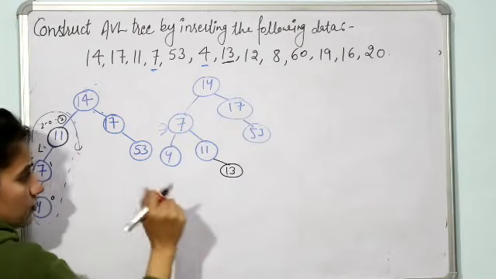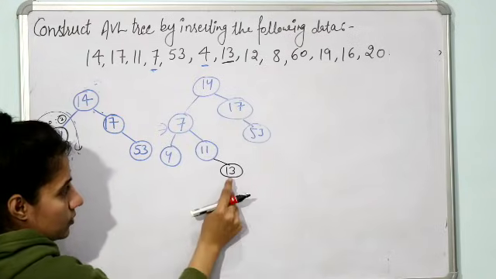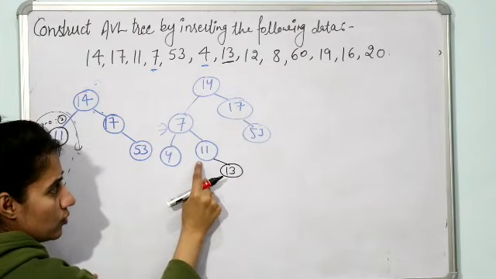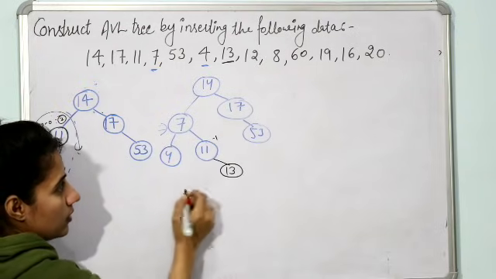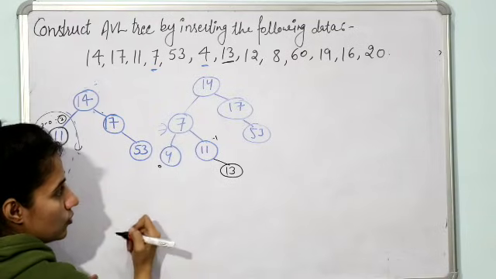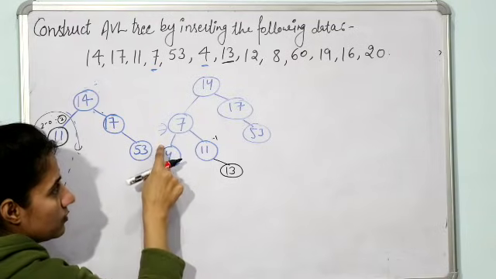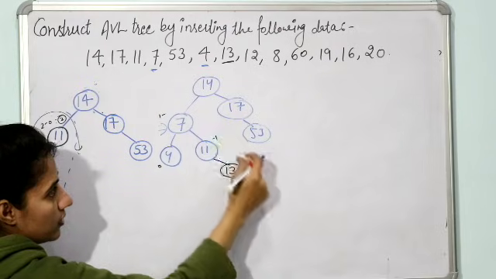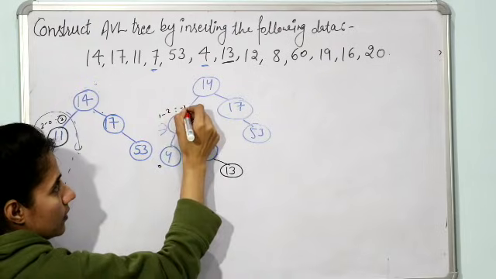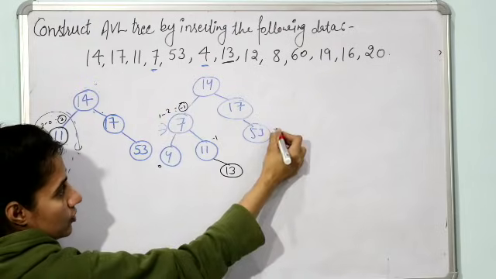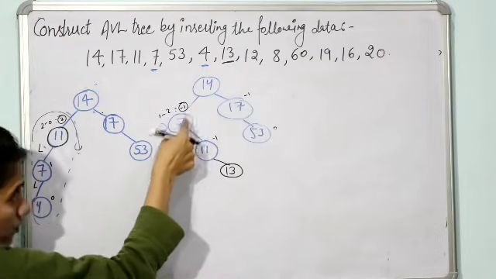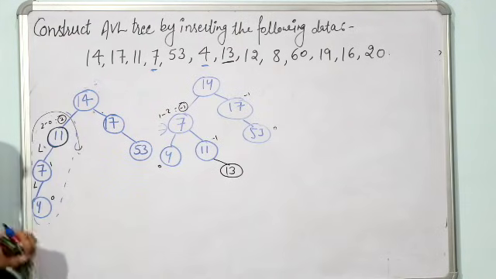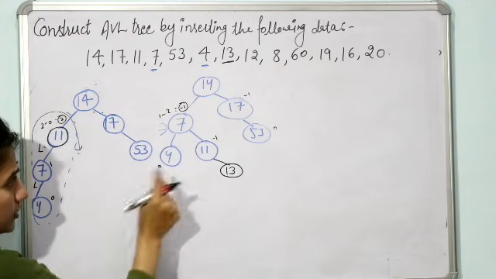Now find out the balance factor of each and every node. Balance factor of 13 is 0, balance factor of 11 is 0 minus 1, that is minus 1. Balance factor of 4 is 0, balance factor of 7 is height of left subtree 1 minus height of right subtree 2, that is minus 1. 0, here we have minus 1. See, the height of 14's left subtree is how much?